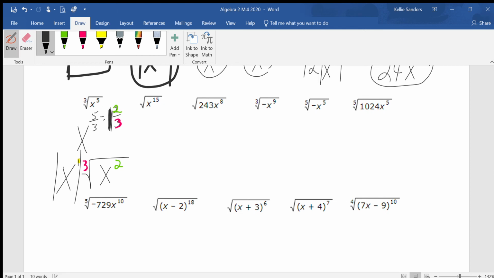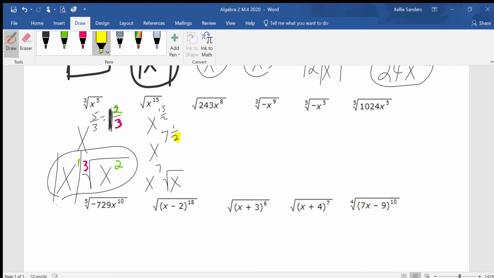It doesn't really matter on that. Okay, x to the 15 over 2, x to the 7 and 1/2, x to the 7 goes on the outside, the 1 would go here, but since it is 1, you don't put it.